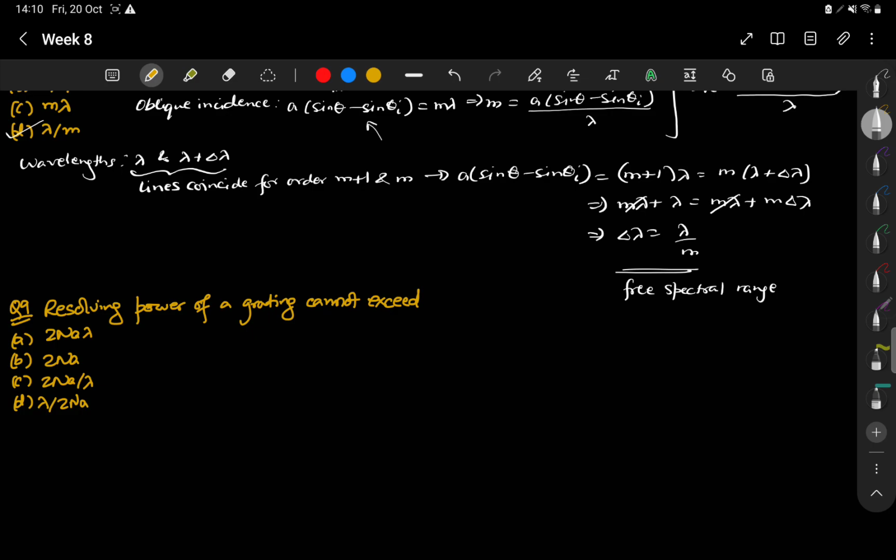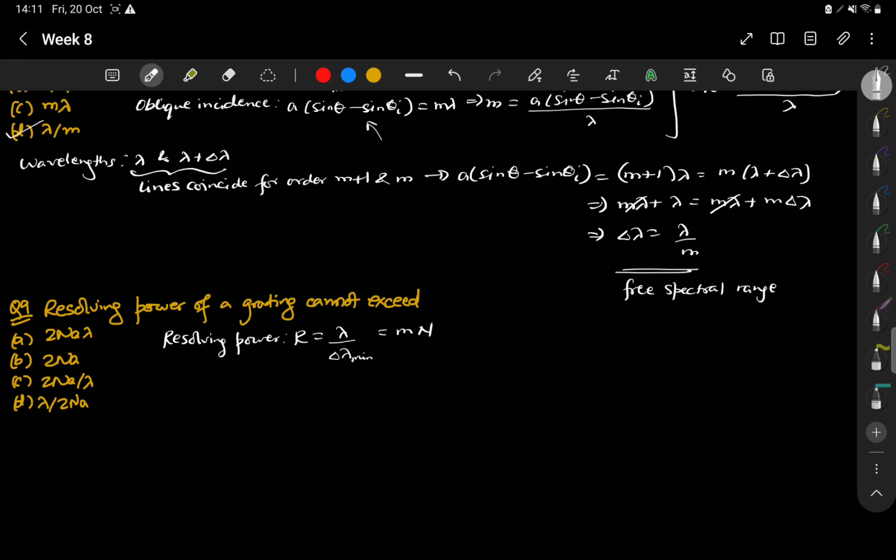Okay, so let us now discuss the answer. Resolving power, as we have seen, is R equal to lambda over delta lambda min. This is equal to mn.